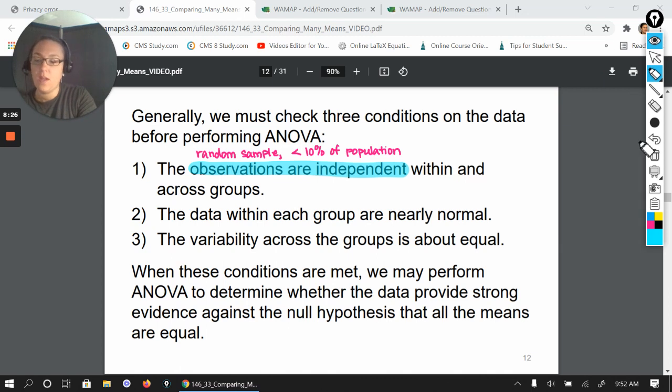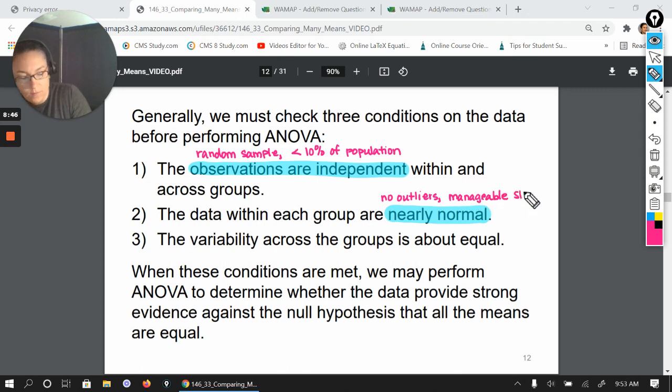Number 2, the data within each group are nearly normal. So what that means is that there are no outliers and that it has manageable skewness, not too skewed.